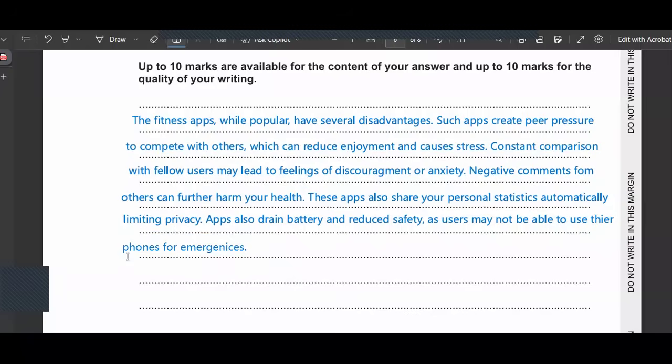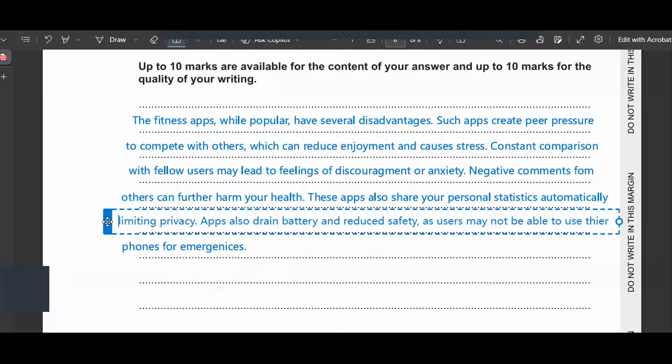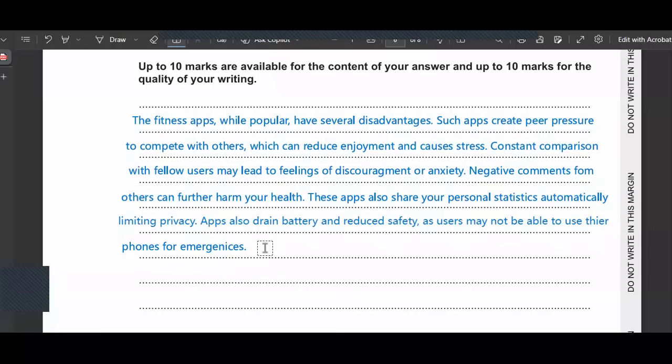So in this way, we have so far encountered all the particular disadvantages which we have taken out from the text.